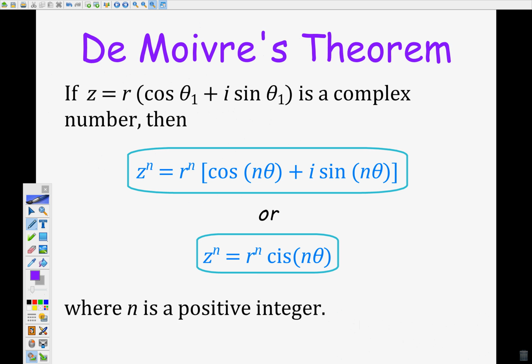The last concept for today is De Moivre's theorem, and it just helps us find the power. Notice this time we're going to a power. So if I want to square this or cube it or take it to the 5th power, this is just a shortcut, so I'm not multiplying and FOILing everything out so many times.